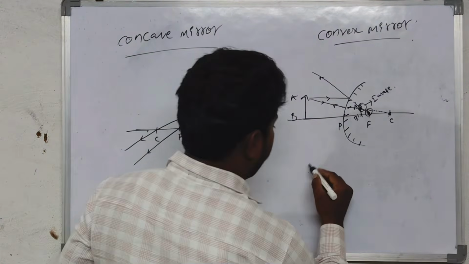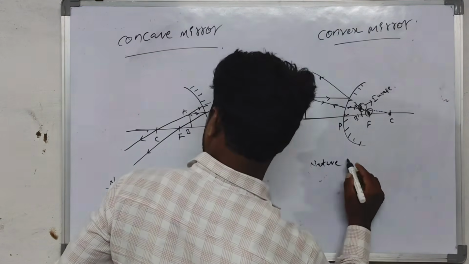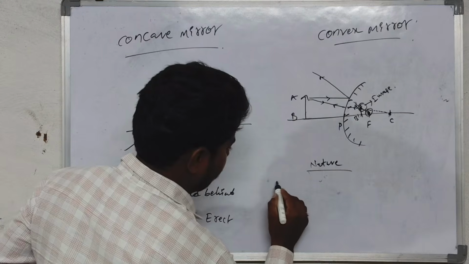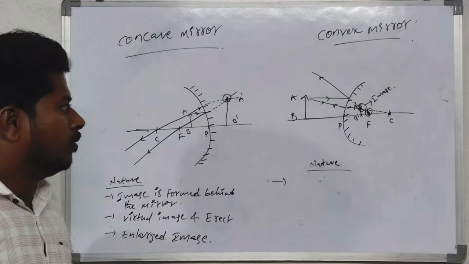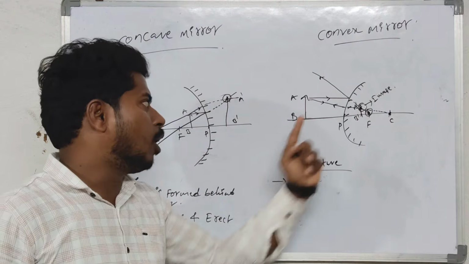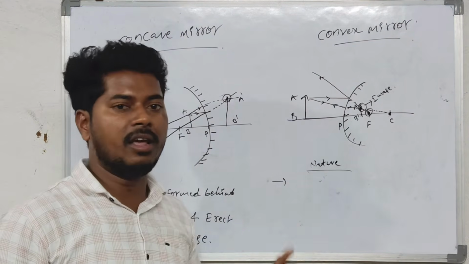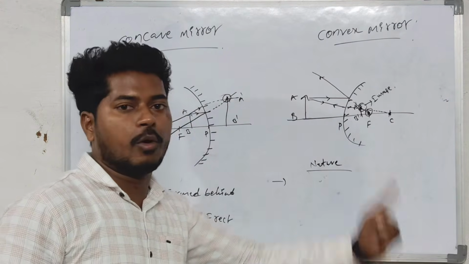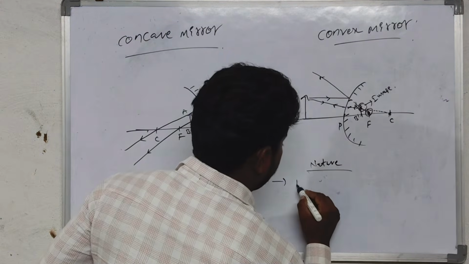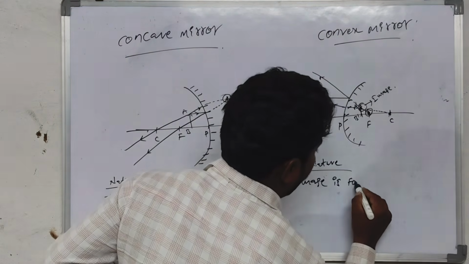Now we have to write the nature. Nature of the image. If you place the object anywhere in front of the convex mirror, your image is always formed behind the mirror in between pole and the focus.